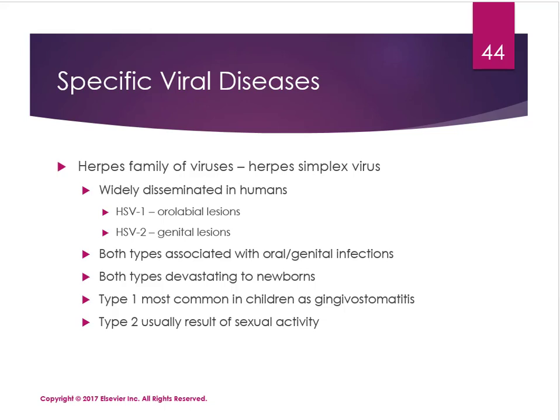So number 1 can be found in the genital area, and number 2 can be found in the oral labial areas. Both types of herpes can be devastating to newborns based on the symptoms that they can present with. And type 1 is most common in children in gingivostomatitis, and type 2 is usually associated with sexual activity.